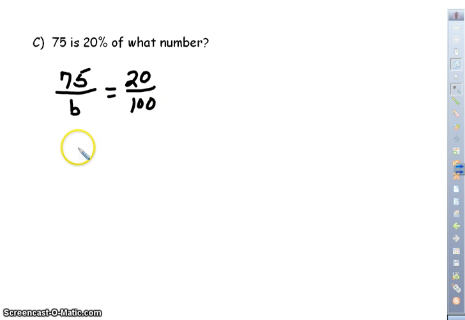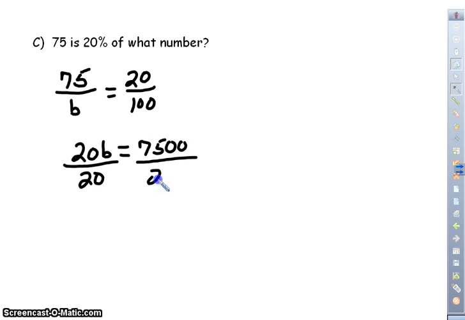Now we can cross multiply, and we get 20 times b equals 75 times 100, which is 7,500. Divide both sides by 20, and b equals 375.